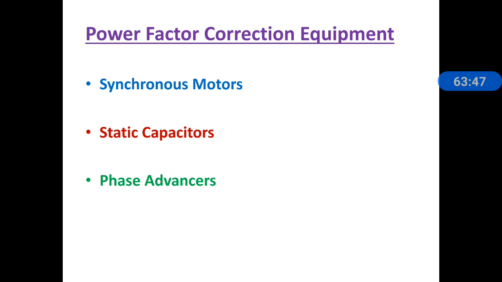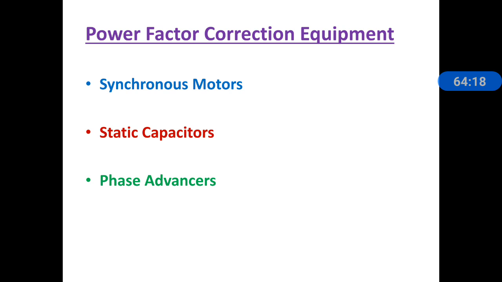This phase advancer is connected on the same shaft as the rotor of the induction motor. Only special induction motors come with a phase advancer. Normal induction motors do not come with a phase advancer. The phase advancer gives over-excitation to the rotor, so that the total power factor is improved in the induction motor.